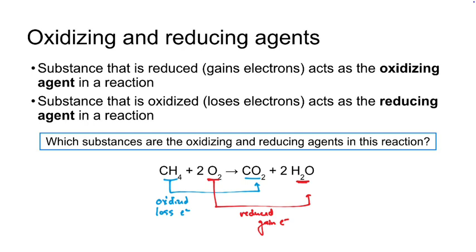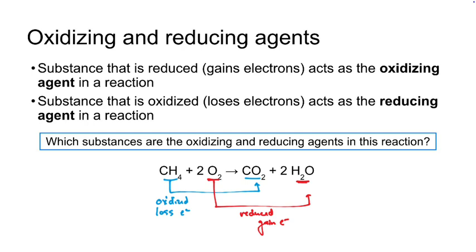Since we're switching this context from being an adjective describing the thing that happened, CH4, it lost electrons, I now want to describe it as an adverb. What did it give those electrons to? Oxygen. It's forcing oxygen to accept those electrons. So what did the CH4 do? It forced something else to be reduced.